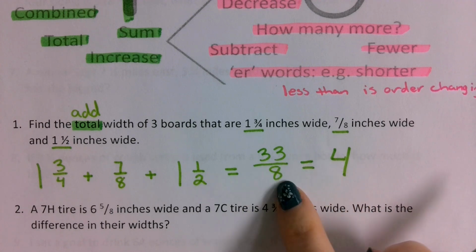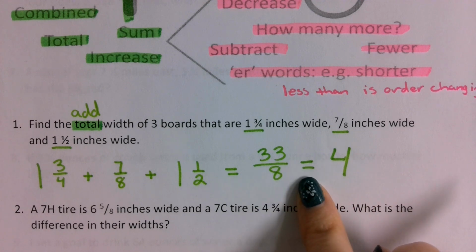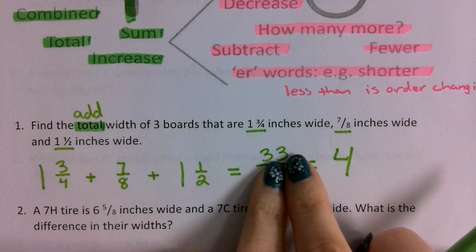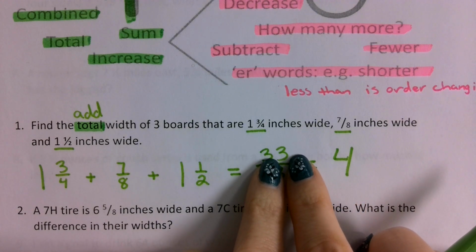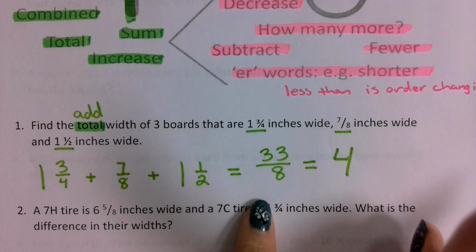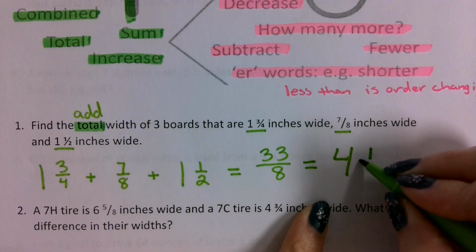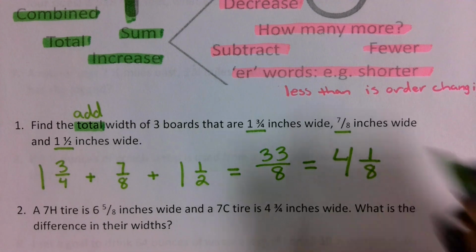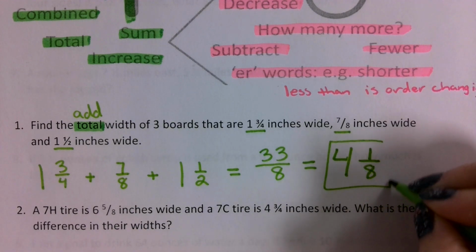What's 8 times 4? 36. 32. It's 32. So we have 32 that we've used. So if we take 32 away from the 33, we have 1 remaining out of the 8. So it's 4 1/8. 4 1/8 would be our final answer.